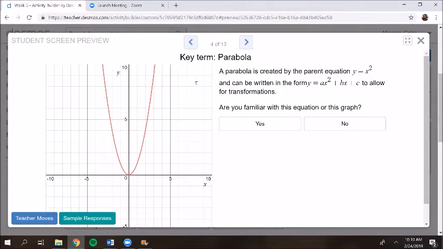This slide shows a picture of the parabola on the left, and on the right, it says it's created by the parent equation y equals x squared and can be written in the form y equals ax squared plus bx plus c to allow for transformations. And then this right here is so the teacher can see what students are familiar with and what students aren't. This is an intro to all parabolas, so most students are going to say no.